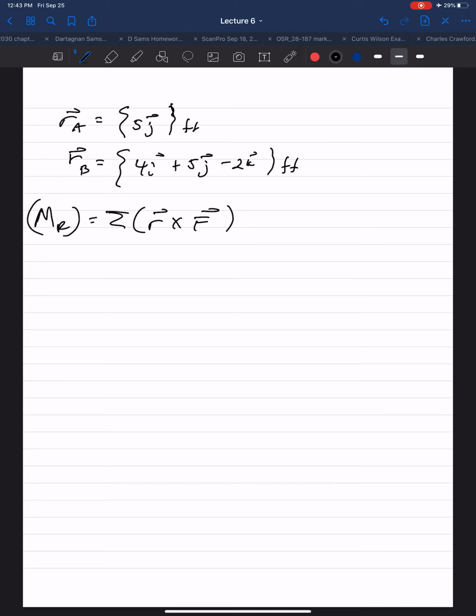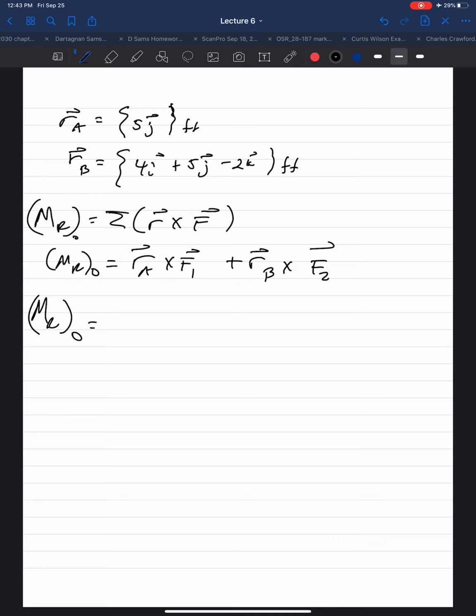So that would be RA cross F1 plus RB cross F2. Setting up our two determinants.